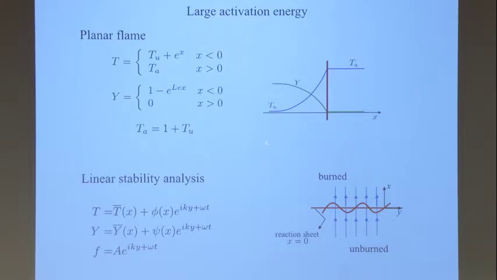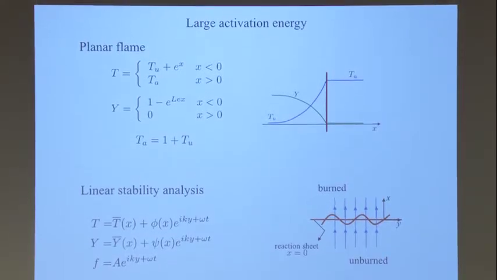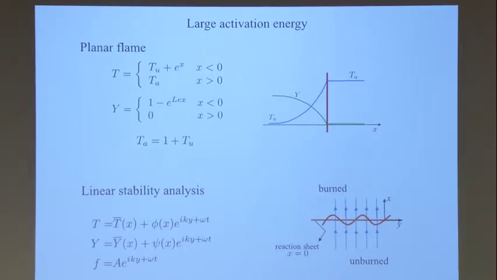All right, so here is the activation energy asymptotic solution. Of course, even this system of equations, we don't have an exact solution, so we're going to use the activation energy asymptotic solution that we derived earlier this week, which is written here. It's an exponential on the unburned side, then the adiabatic temperature, and there is a discontinuity here, and we know how to treat the reaction sheet.